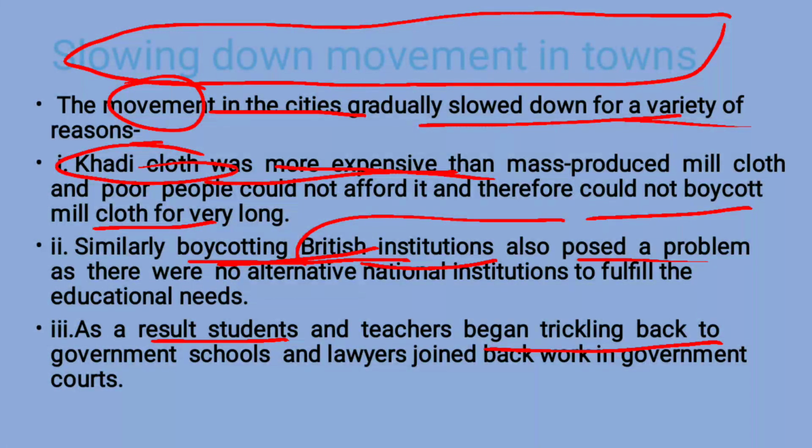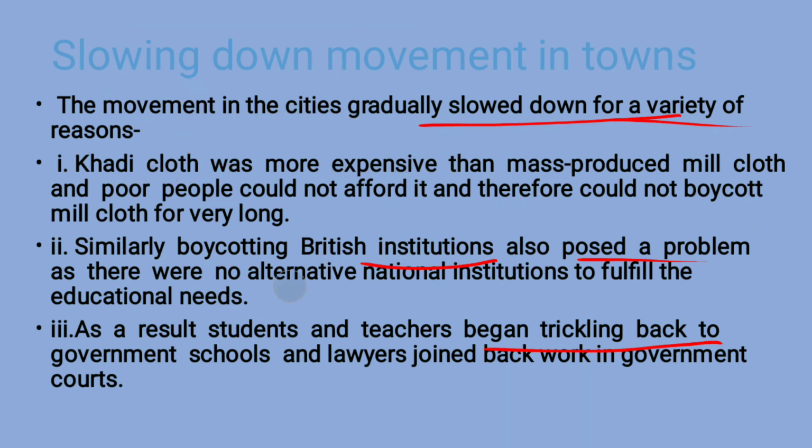Lawyers join back work in government. For this trickling, teachers came up and took the classes and joined work in the government courts. This was slowing down in towns. These three points we covered.